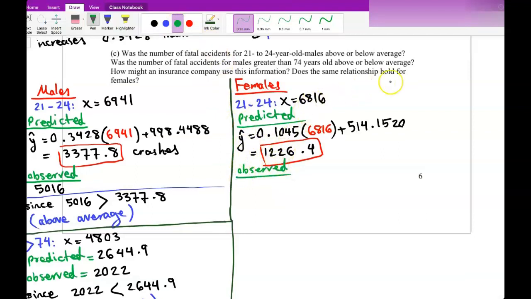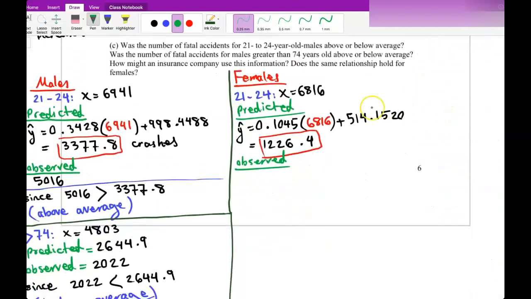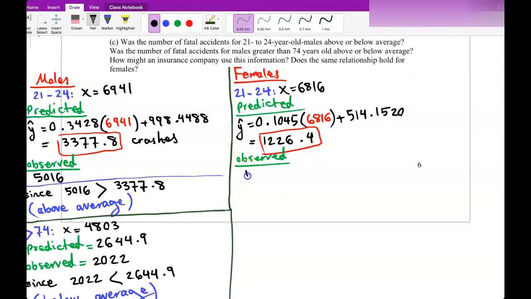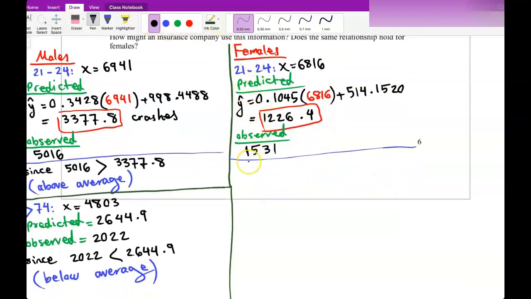And from the table observed is 1531. So based on these two, predicted and observed, since observed is greater than the number that we got for predicted, this is above average. So same thing.